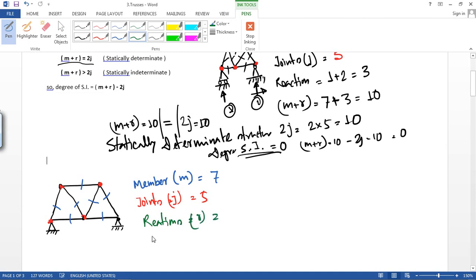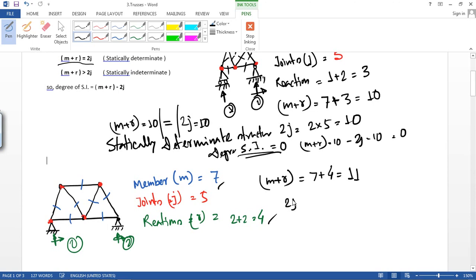And the reactions are: R is equal to, hinge support has two reactions, so 2 and 2, so 2 plus 2 is equal to 4. Now M plus R is equal to 7 plus 4, which is 11, and 2J is equal to 2 into 5, that is 10.